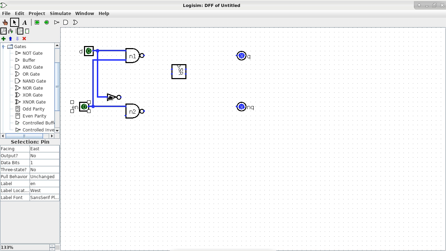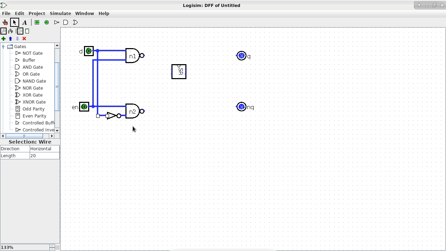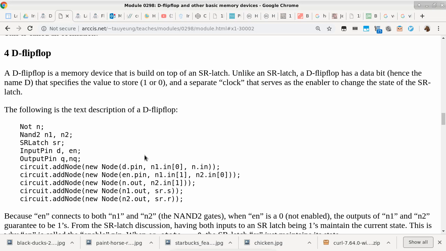All right, so we need to move this guy down a little bit, to make it look nicer. We can do that. All right. What else? We got the output of the first NAND gate going to the S pin of the SR latch.